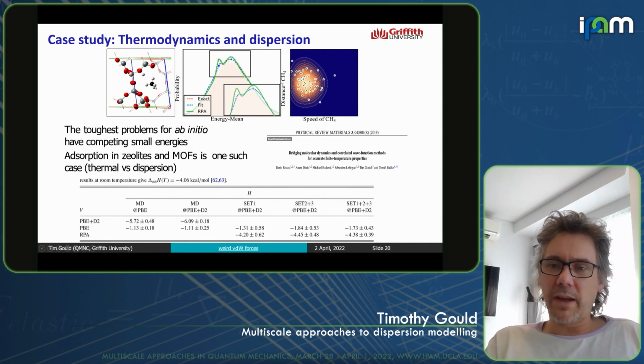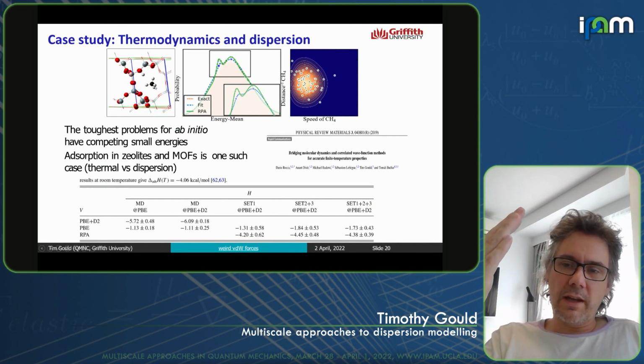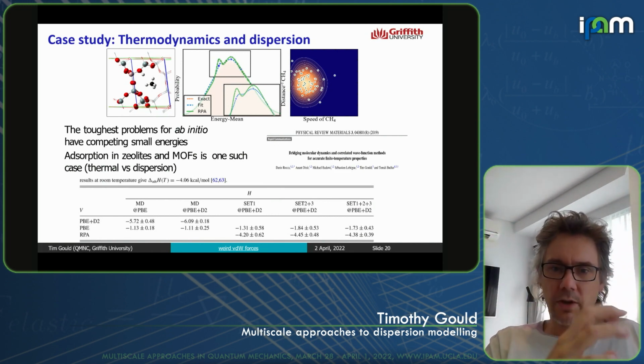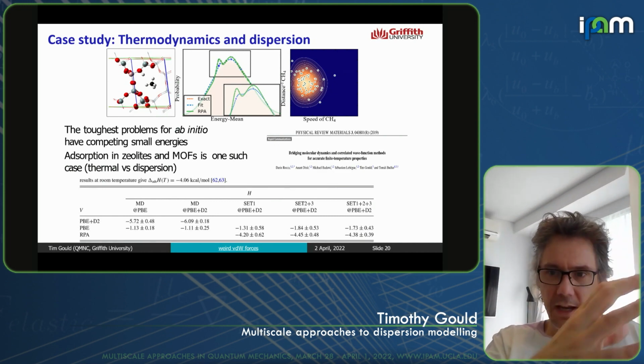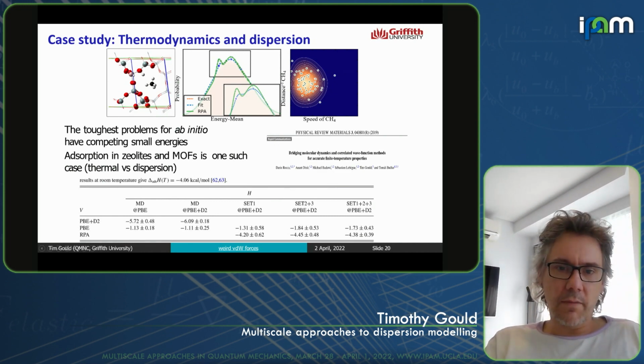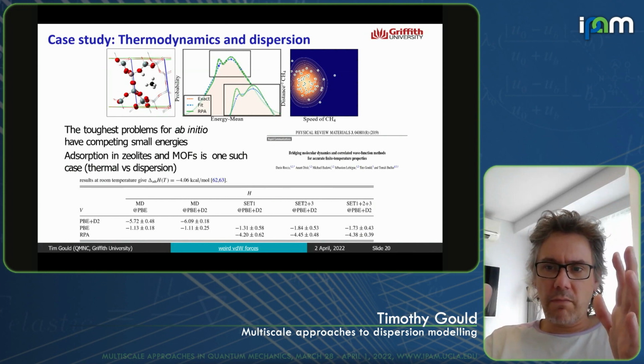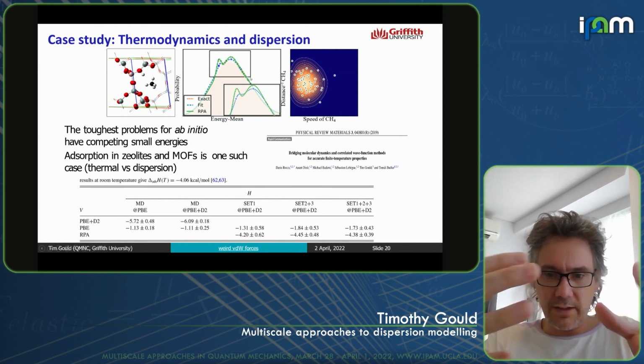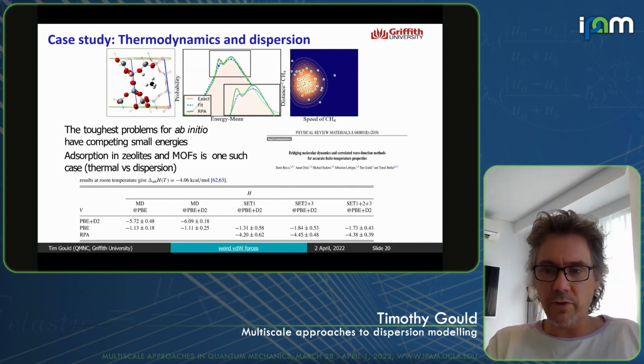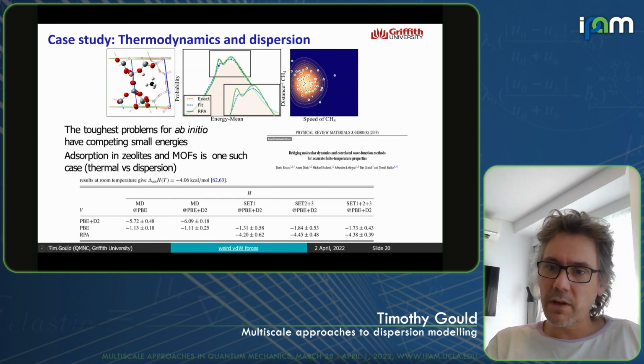What's important here is that we have an extreme sensitivity to dispersion interactions simultaneous with thermal issues. So this describes an approach where we did some resampling of the thermal statistics to capture the dispersion forces more accurately without using millions and millions of CPU hours.